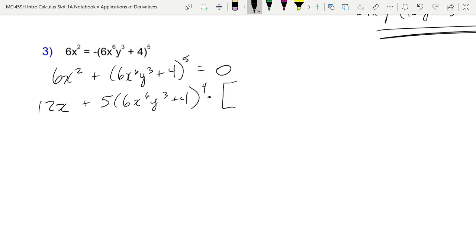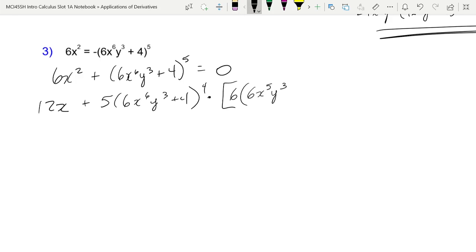I think I'll open up a square bracket for this. So the derivative of, well, the 4 has a derivative of nothing. That's nice. But this thing here is yet another chain rule. So it's going to be 6 times, and then I'm going to have this as the derivative of, so I'll do 5x to the, or no, how about I do that right, eh? Sorry, I meant to say 6x to the 5, y to the 3.